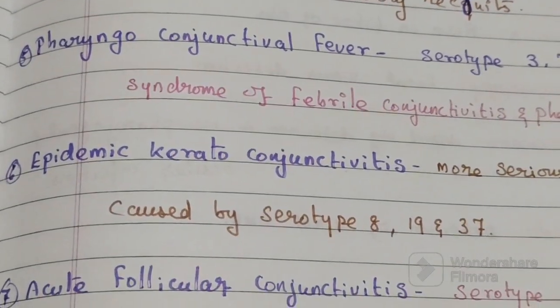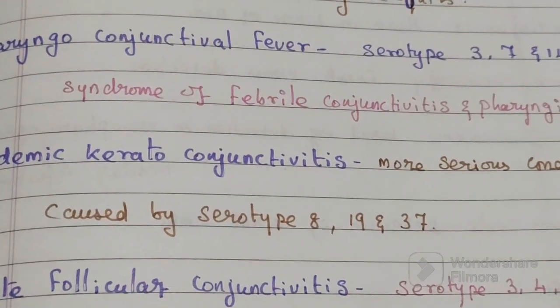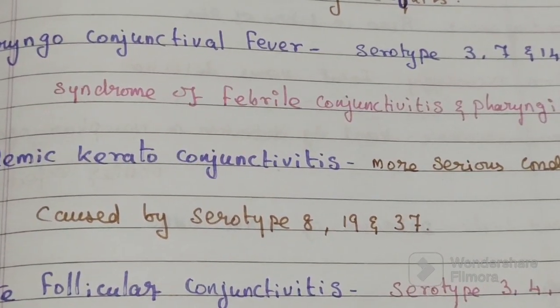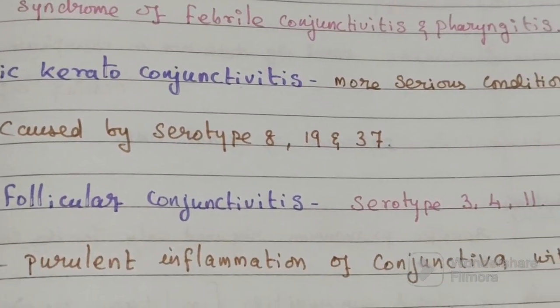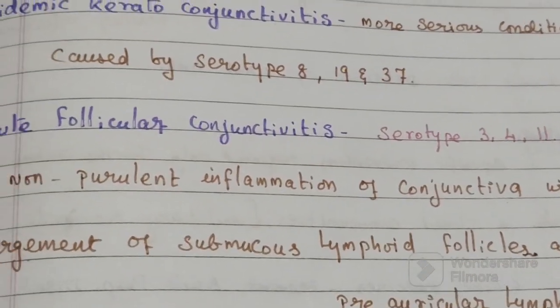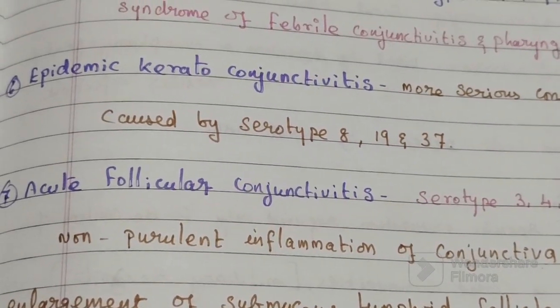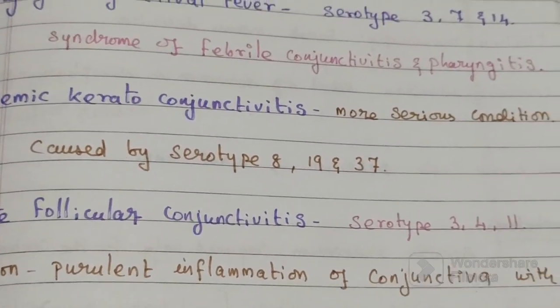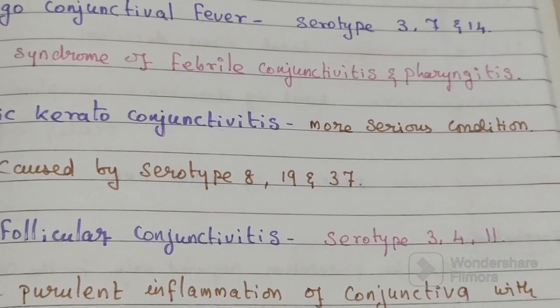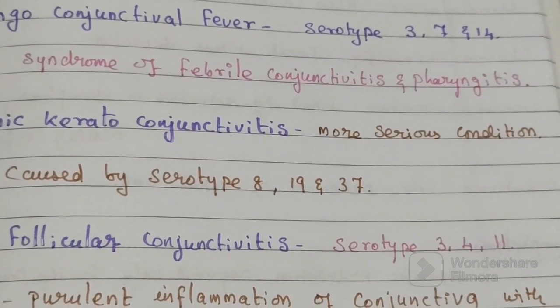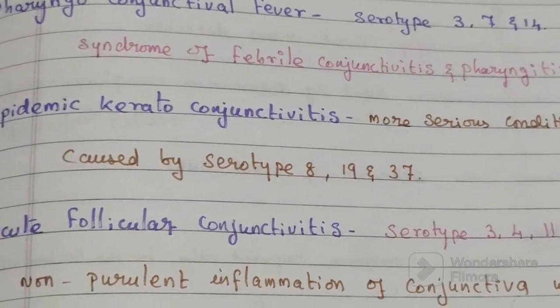Then epidemic keratoconjunctivitis, a more serious condition, mainly caused by serotype 8. Serotypes 19 and 37 also cause it.